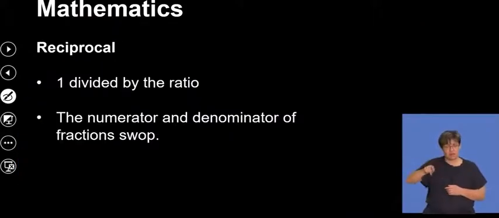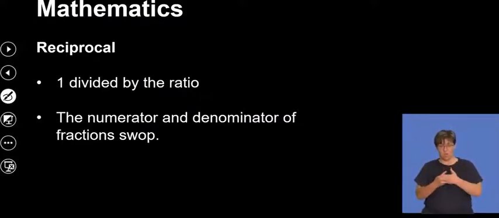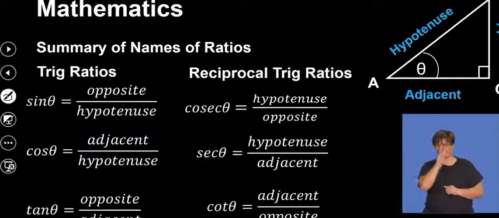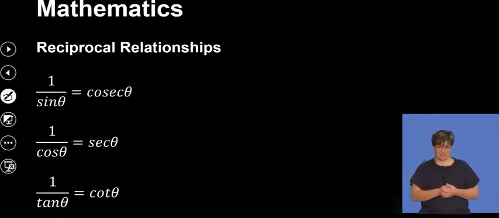And a reciprocal will be 1 divided by the ratio, and then the numerator and the denominator of the fraction swap because of the 1 divided by. But let's see exactly what this means. You can see from what I spoke about in the summary, trig ratios here and reciprocals there.